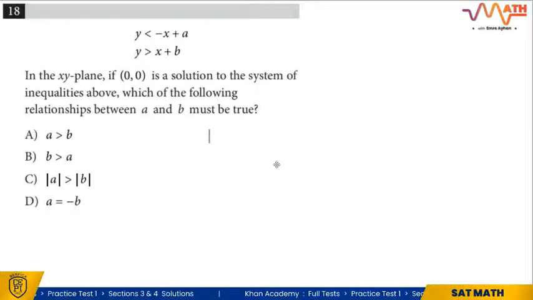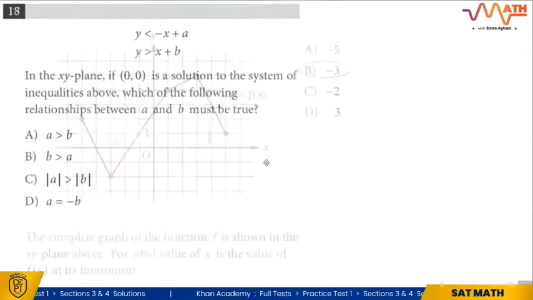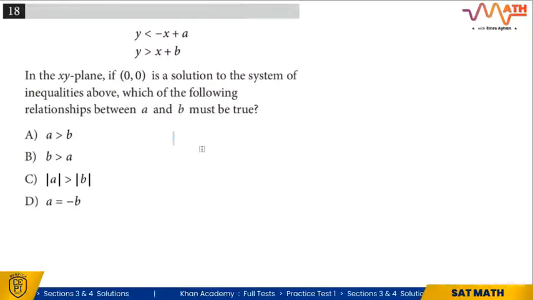In the first one, 0 is less than A, or in the other, A is bigger than 0. And in the second one, B is less than 0, right? B is less than 0. We get these results when we substitute 0 and 0 into the system.